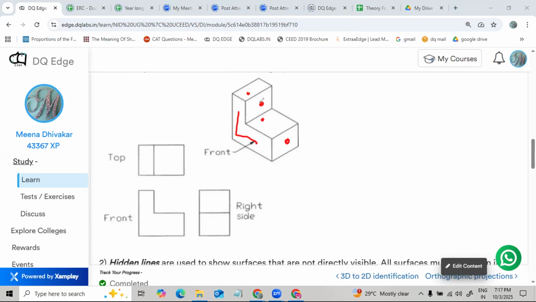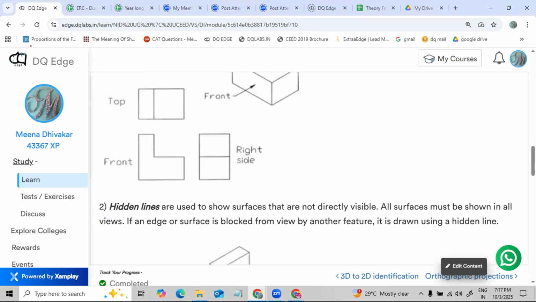So totally, you can see three different views, right? If I merge these three, only then I could get this 3D figure. If I know only two of them, it's very difficult for me to analyze the figure. I need to know at least three, minimum three, so that I could tell what the correct answer is.